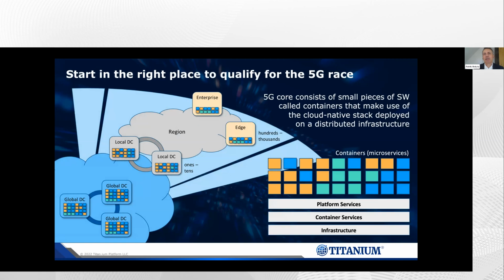To qualify for the 5G race, you need to start in the right place. And the right place is having a cloud-native solution and the associated processes available and supported. 5G is deployed as a distributed architecture. So depending on your product, you may face the global data center, the regional data centers, the mobile edge, or even the enterprises as the target deployment location.